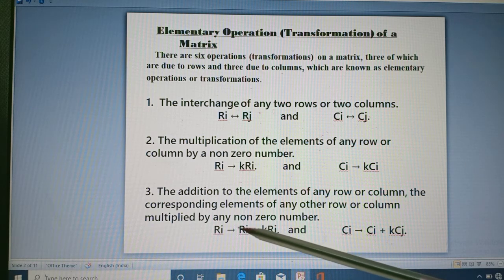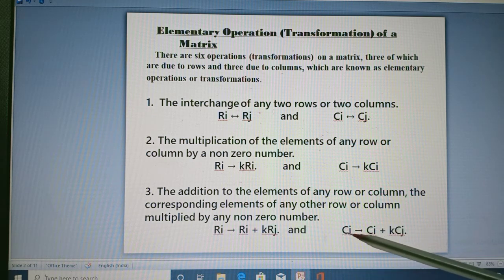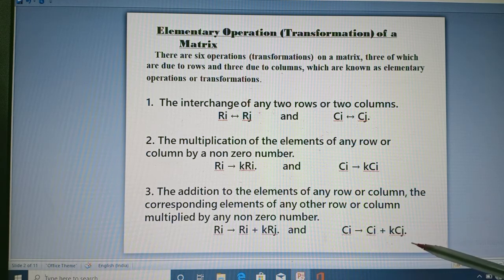That is, the ith row plus K times the jth row. We can do like this, or in the case of columns, the ith column can be changed to Ci plus K Cj, where K is a constant and Cj is the jth column. So like this we can make changes in a matrix.